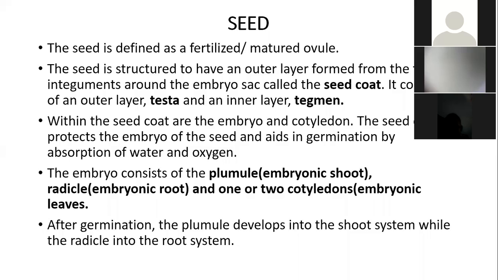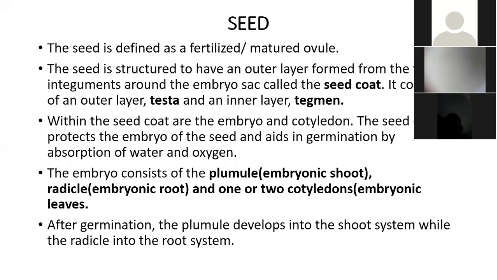Now, after fertilization has taken place, the plumule develops into the shoot system. I'm hoping that you know what a shoot system is. What comes out, the stem and the branches, form the shoot system. Then the radicle forms the root system.